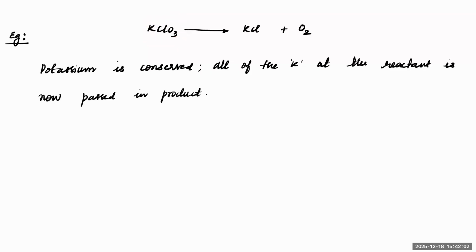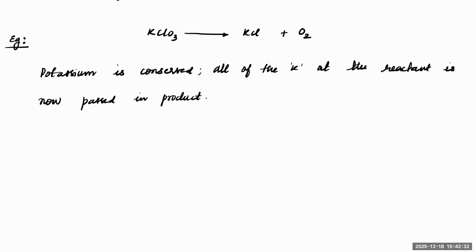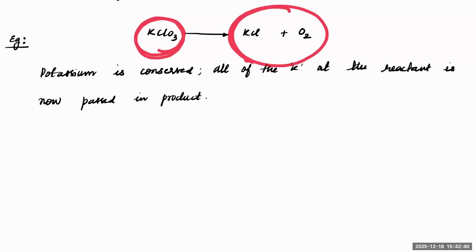I'm not talking about the molar mass of KClO3, I'm particularly talking about the potassium atom only. If I say that 200 grams has completely converted into product, whatever the product is, can I say that the same 200 grams should be present on the product side in some form if it is conserved? Hence, if potassium is conserved, whatever be the number of atoms of potassium present here, that should be present across the product also.